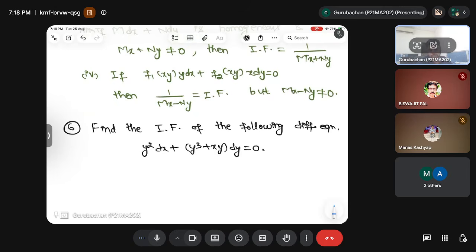First of all check whether this equation is exact or not, and if it is not exact then find the integrating factor.